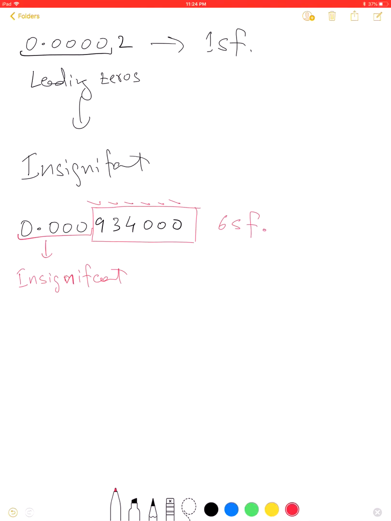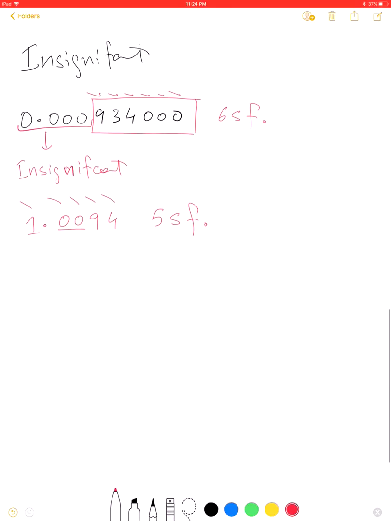Let's do another example. Let's say you have a number such as 1.00943. Now this number, although it contains 2 zeros, since these zeros happen to be in between 2 non-zero numbers, they are all to be considered significant, which is why this number contains a total of 1, 2, 3, 4, 5 significant figures.